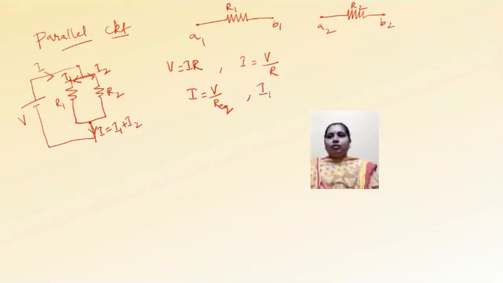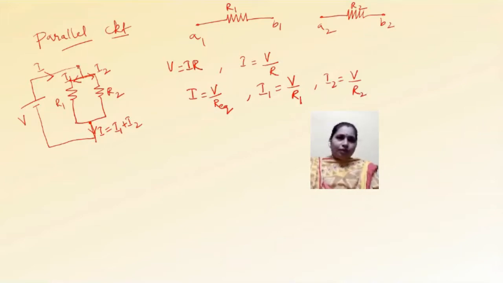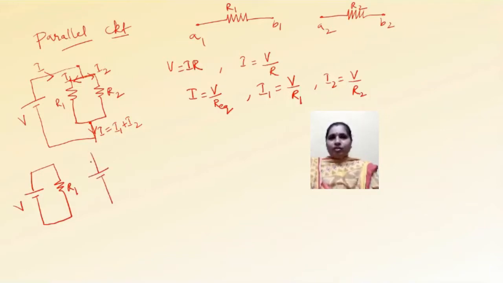Similarly, I1 is V by R1 and I2 is V by R2. Why am I writing V by R2? If you observe, this is a common point. If you split this circuit, you will find the voltage is connected across R1 like this, and again the same voltage is connected across R2 like this.